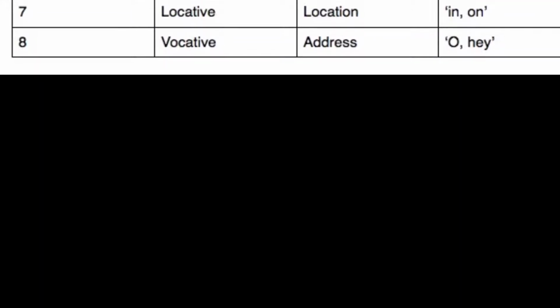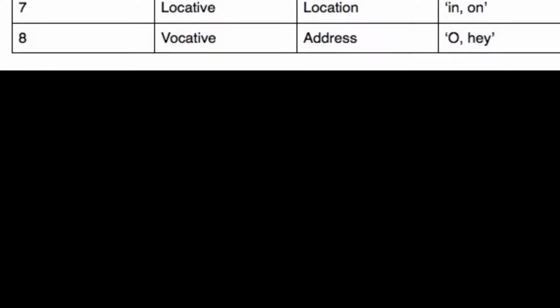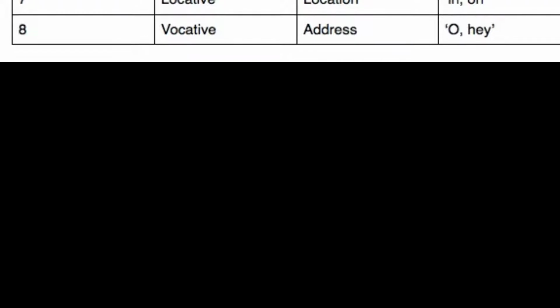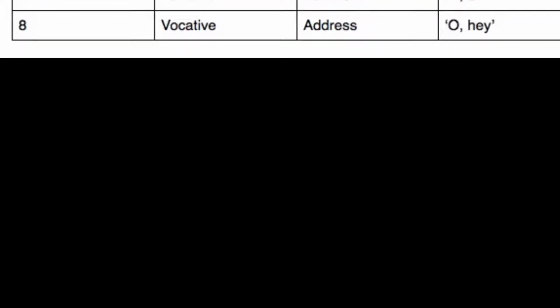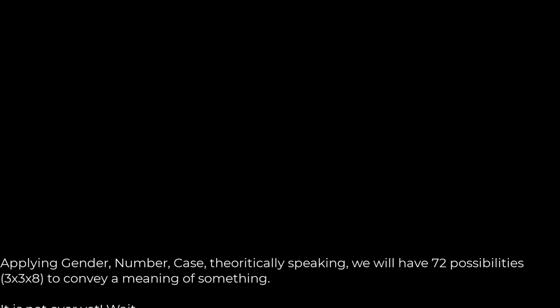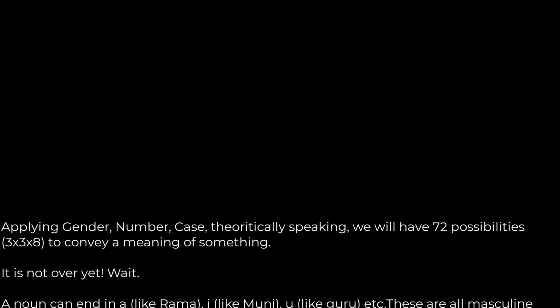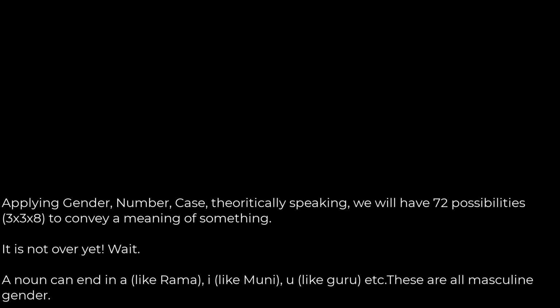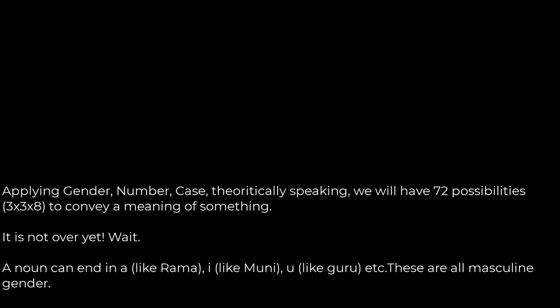That depends on the context. That's a problem. With the help of a teacher and by practice, we will be able to digest it at the basic level only, okay? Because it's very complicated. Now applying gender, number, case, theoretically speaking, we'll have 3 times 8, that is 72 possibilities. Wait a minute, it's not over yet.